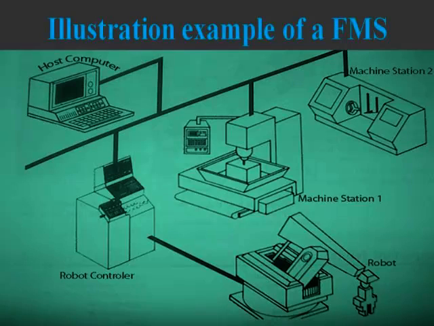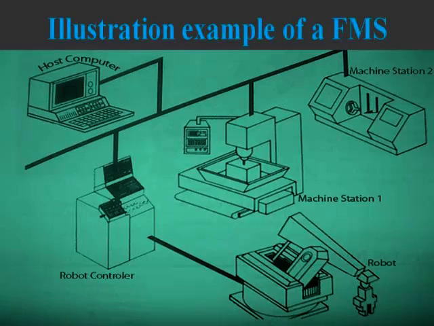So the secondary material handling device's function is to transfer the parts from the primary material handling device, like a conveyor, to the machine, and from the machine to the conveyor. This is the secondary handling device function.